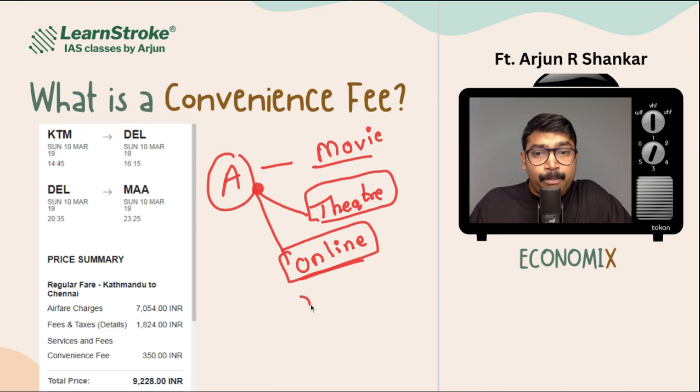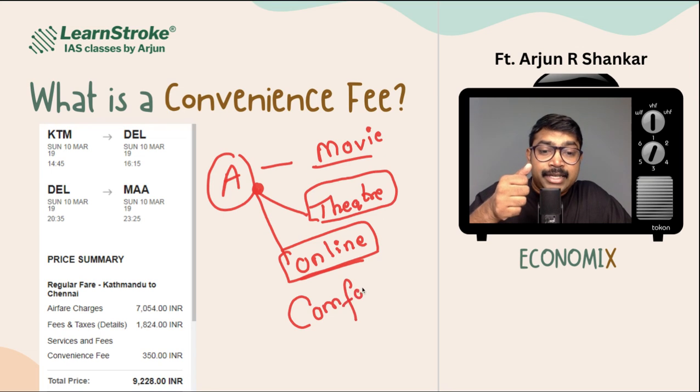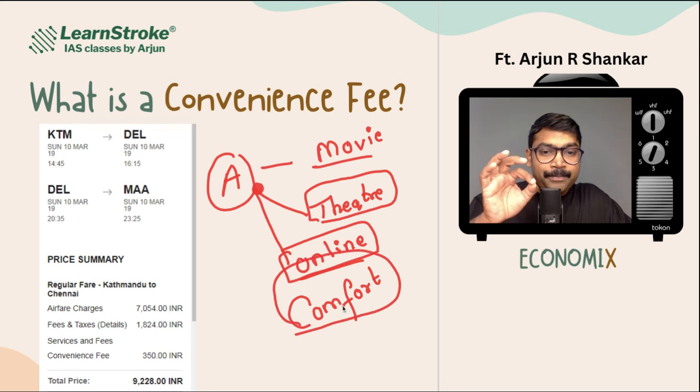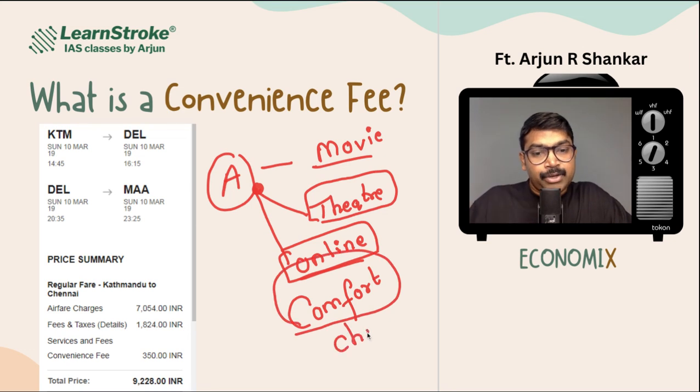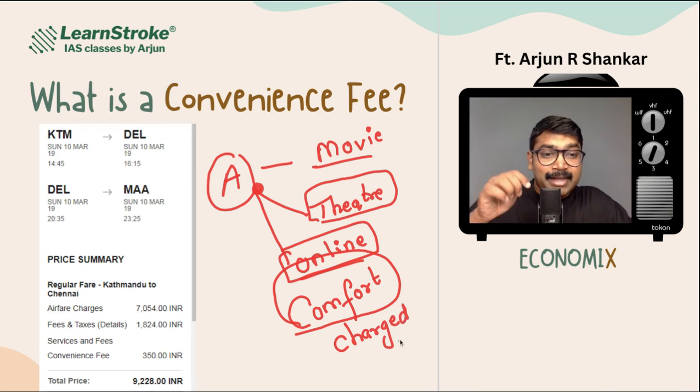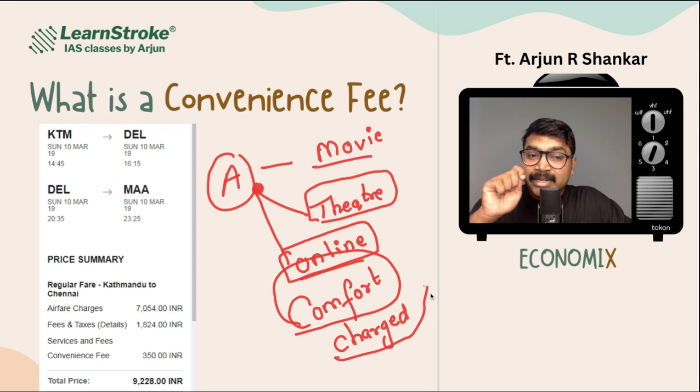You're booking in the comfort of your home, just a click away, without any pain or problem. So that comfort you got should be charged. This is what the companies believe: we have created a service and given you comfort, and for that comfort you will be charged, and that is the convenience fee.